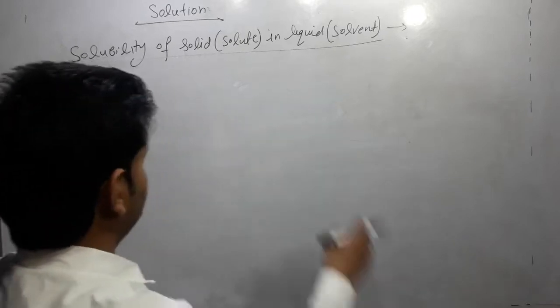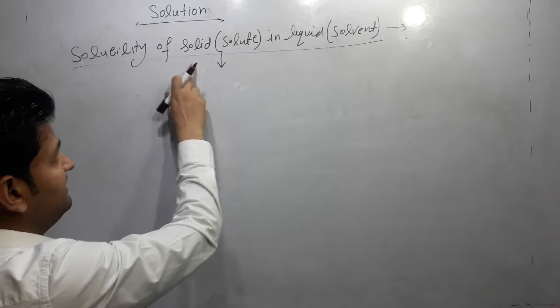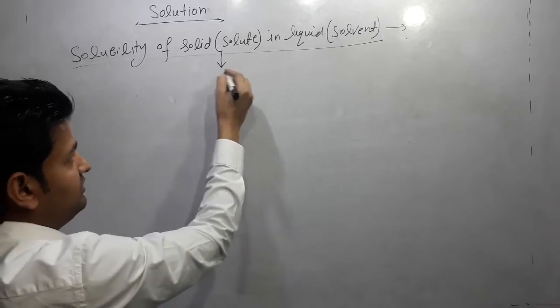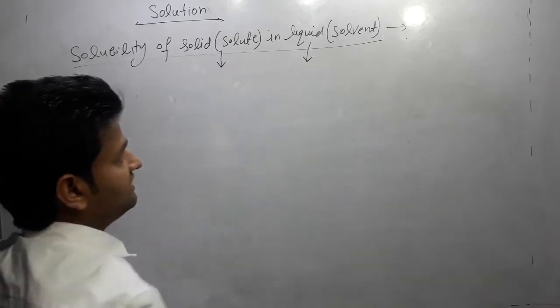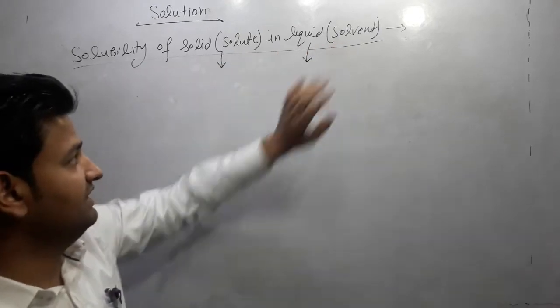Solubility means the maximum amount of the solute which can be dissolved in a given amount of the solvent. That is called solubility.